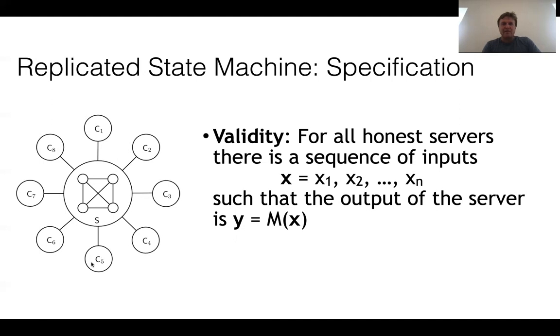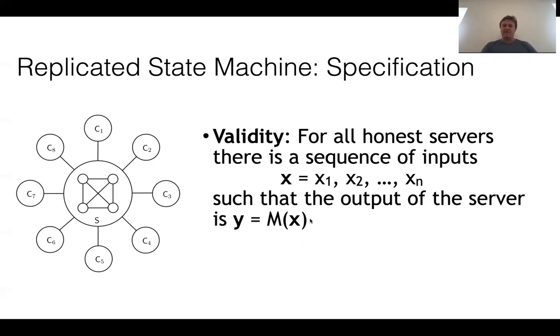Some inputs could be given here, some here, some here. What this client sees as outputs, let's just say all clients see all outputs, should be this state machine run on the inputs that have been given in some well-defined order. But definitely something that could be resolved from running this machine. So that's what we call validity.